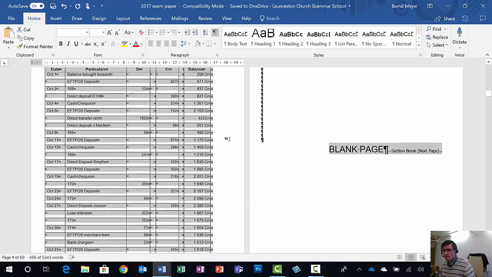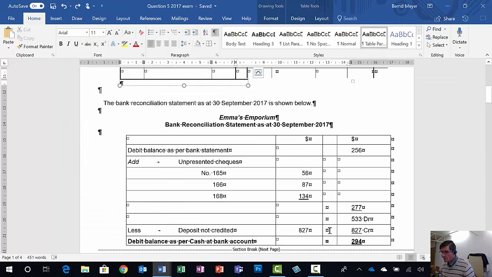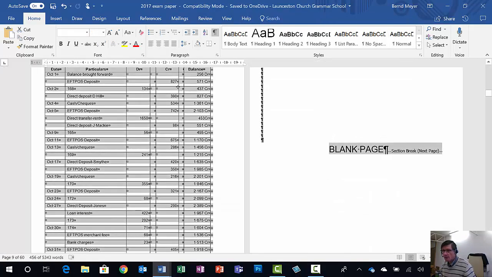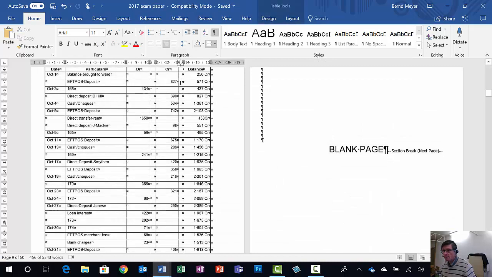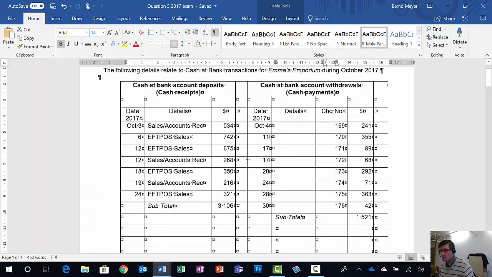bank statement. You see here the first credit, FPOS deposit, that was from the last bank reconciliation statement. So I'm going to tick that off there, and I'm going to tick that item there. That means those two items are sorted, and now I'm going to continue down and look at the cash receipts.